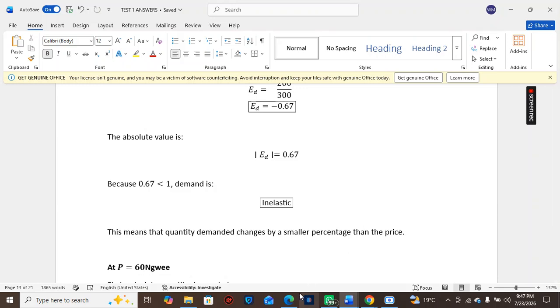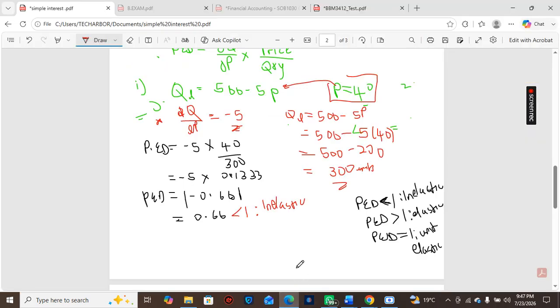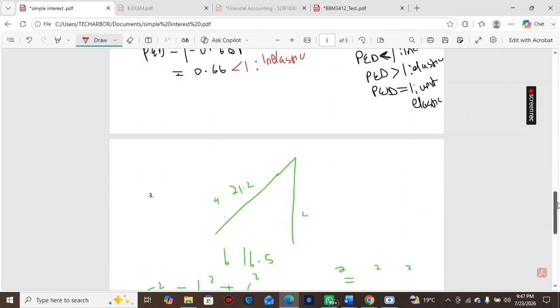Okay, we go to part 2, where the price is now 60 ngwe.